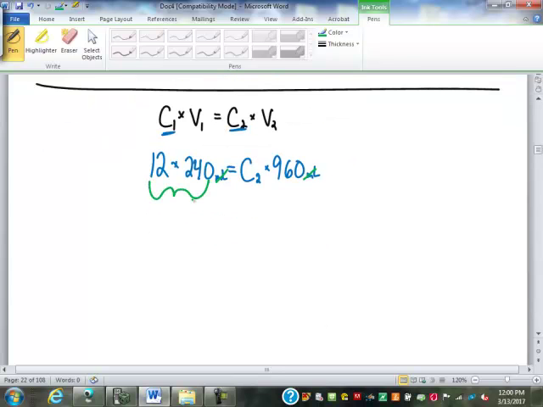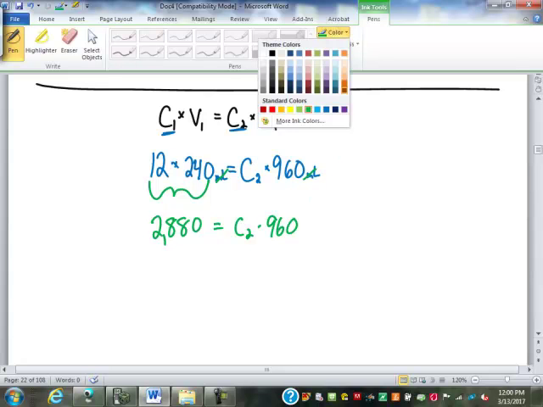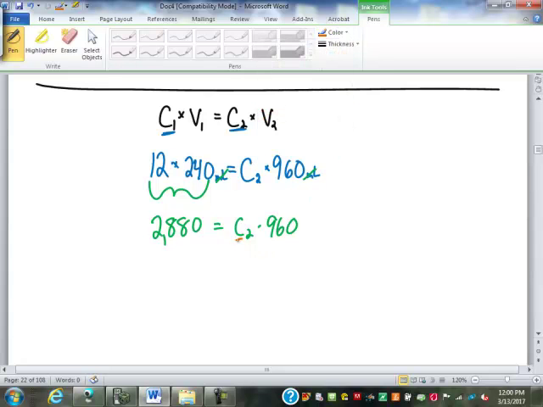12 times 240 is 2,880 equals C2 times 960. And we solve it by dividing by 960. So 2,880 divided by 960 gives me 3. So my new concentration, now since I started out with those not converted into decimals, they're already percents.